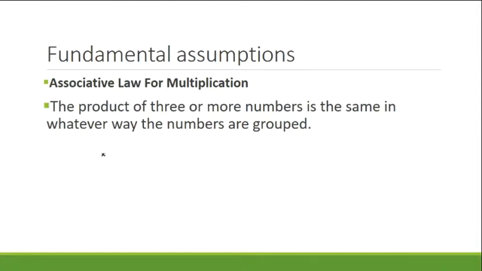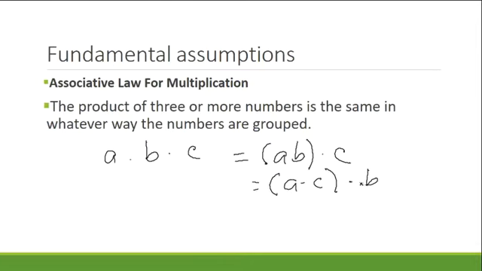Let's say we have A, B, and C. So, multiply natin yung A, B, and C. So, kapag in-associate natin yung A and B, same lang yung value niya dun sa A times B times C. So, ito, in-associate natin by grouping using parentheses, A times B, multiplied by C. Or pwede naman ganito, A times C times B. So, same lang ang answer niya.